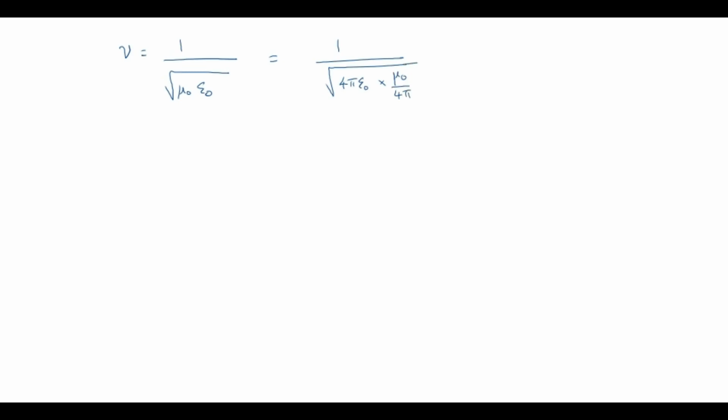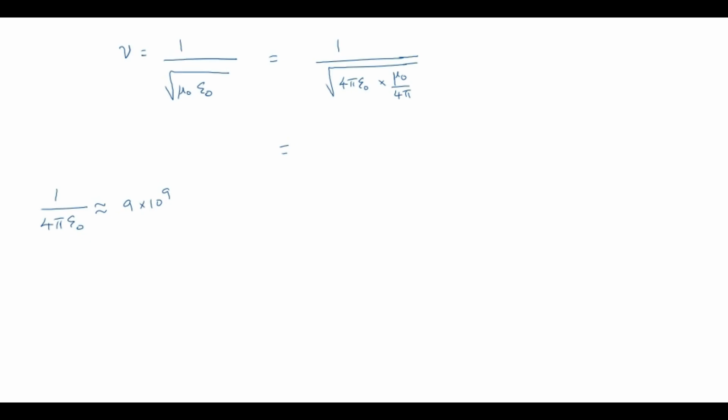So this is approximately equal to 1 by 4 pi epsilon 0, and this is approximately equal to 9 into 10 power 9, and then we have to write down its unit.